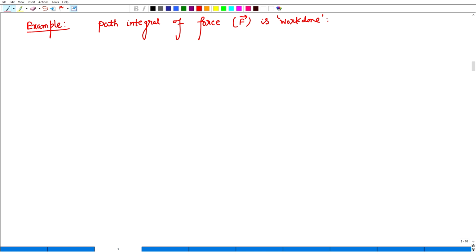Okay, how? What will be the path integral for force? That will be, it may be closed, it may be open, we do not know.